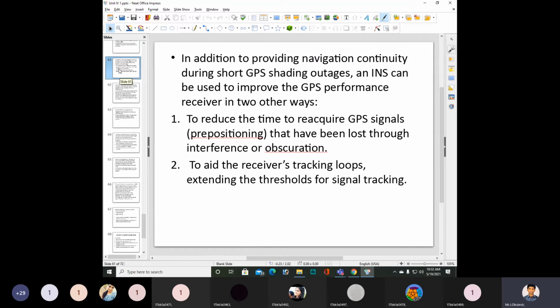In addition to providing navigation continuity during short GPS shading outages, an inertial navigation system can be used to improve the GPS receiver performance.